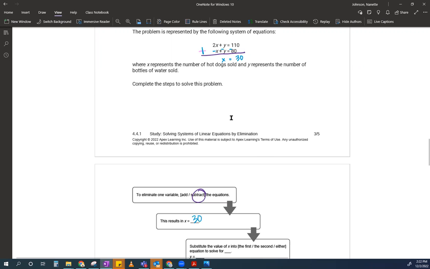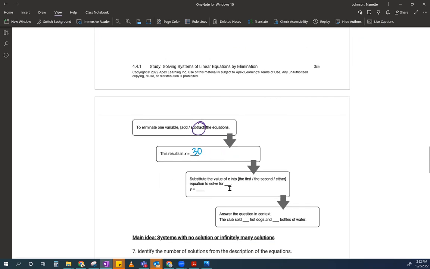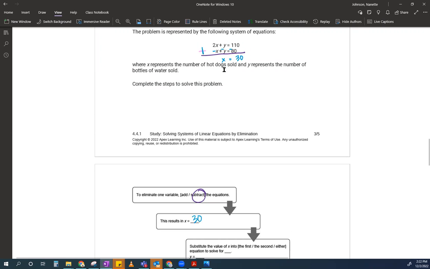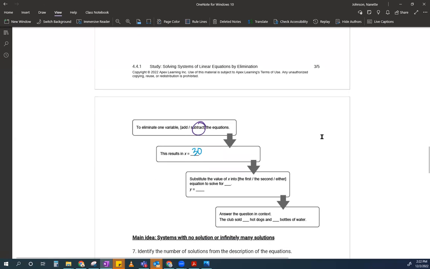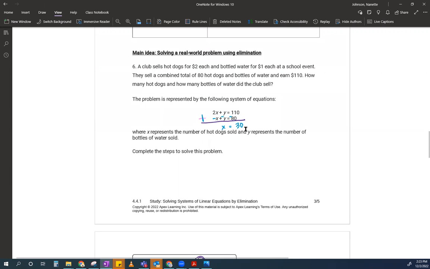Right? The next thing, it says substitute the variable x into either equation. I'm probably going to use the second equation just because I like it better. Oh, actually, sorry, it says either. I didn't realize that was my option, either, in order to solve for y. So I'm going to plug it into the bottom equation because it's a lot smaller for me.